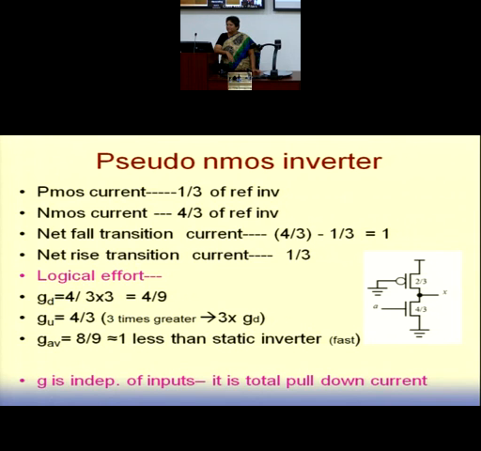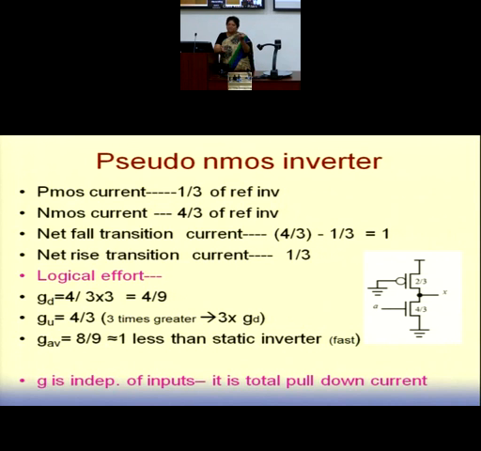What does it indicate? 4 by 9 is less than 1. Remember, for static CMOS, G is 1 whether you have a pull up or a pull down. Whereas here, G down is less. Can you justify its lower value? Why are we getting G down to be less than 1?